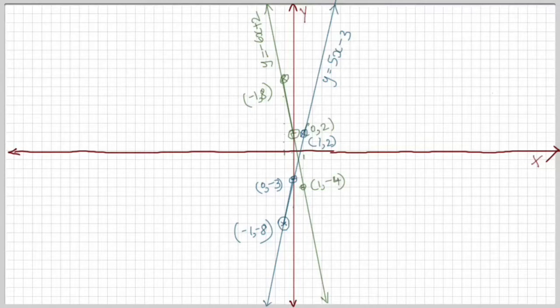Okay, so you got 3 points. Now draw a straight line joining these 3 points, and this line represents the equation y equals 5x minus 3.